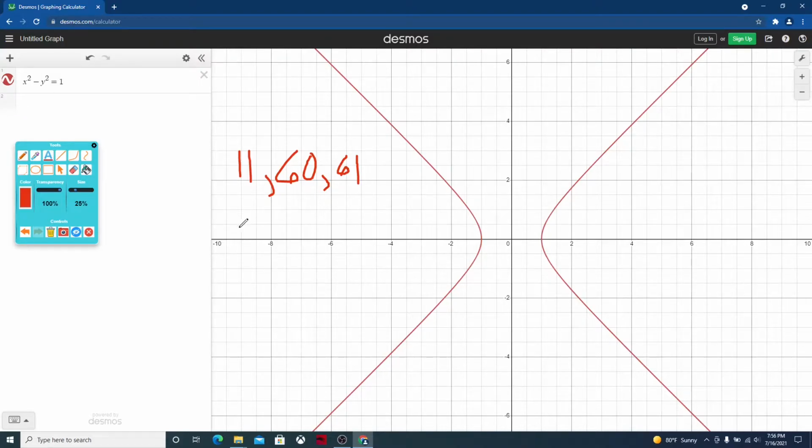If I square those, 11 squared is 121, and 60 squared is 3,600. I apologize for the sloppiness of my writing. This is kind of hard to do on a mouse pad. And then 61 squared turns out to be 3,721.